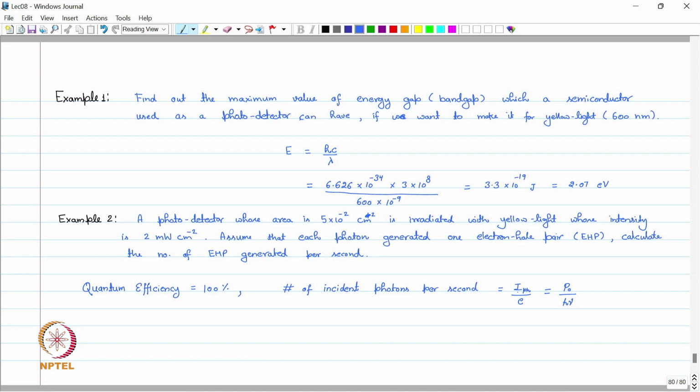Now we can put these values together, where I ph over e is the number of electrons per second.